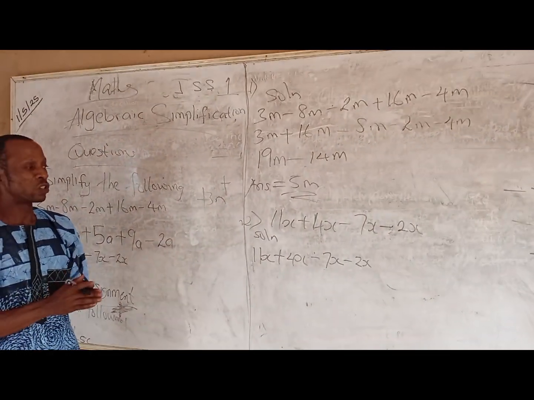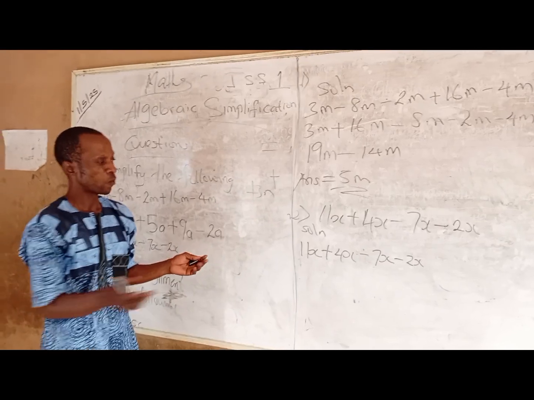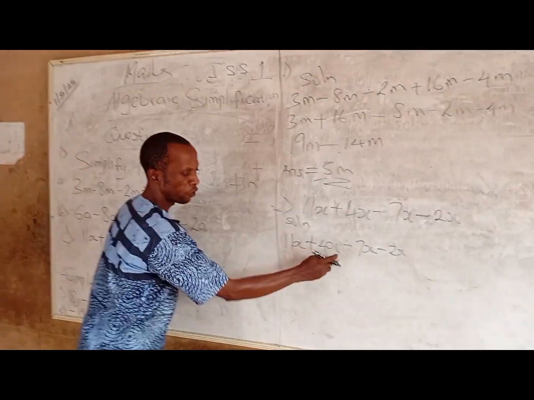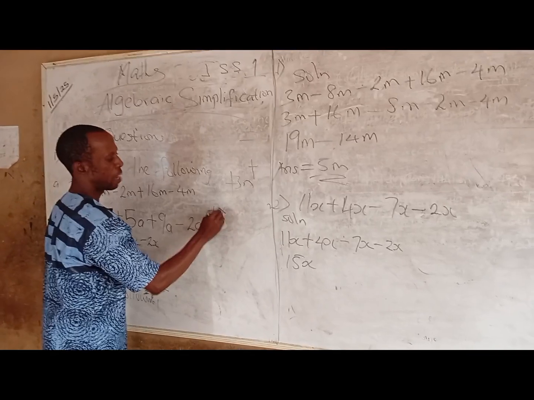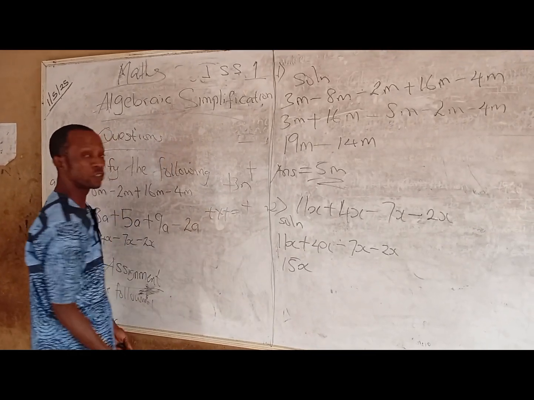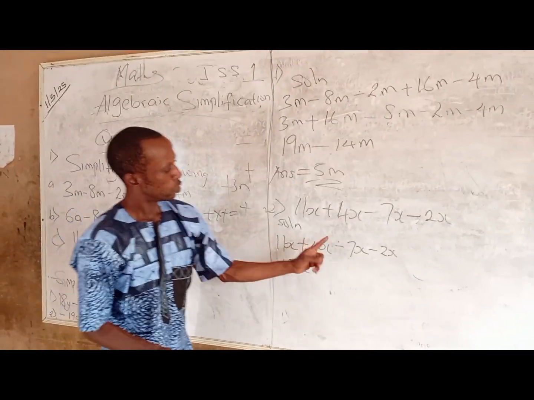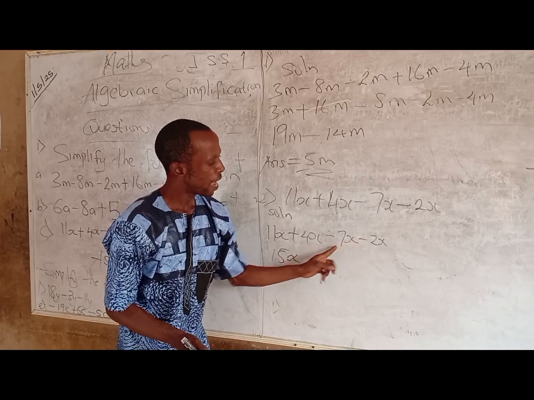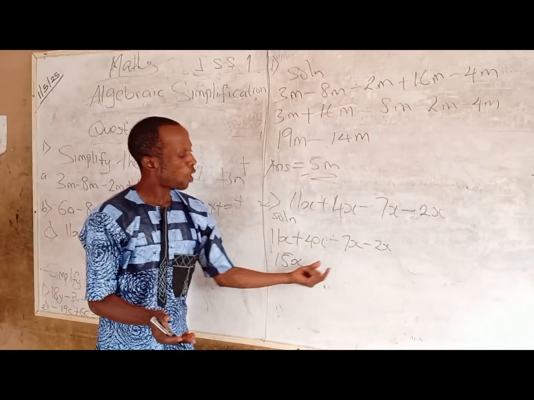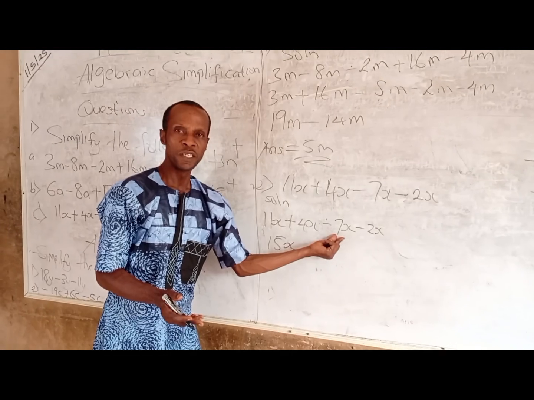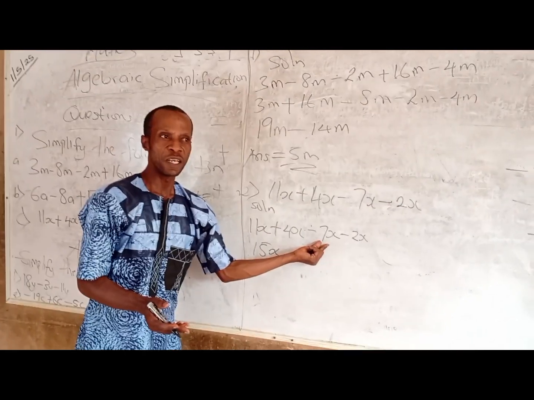So all you have to do is plus or minus. 11x plus 4x is 15x. That is plus times plus, which gives plus. So minus 7x minus 2x. You are owing Mr. Yusuf 7 naira.